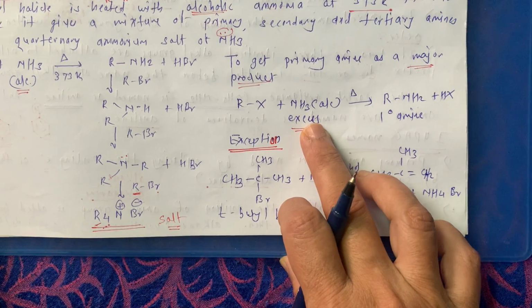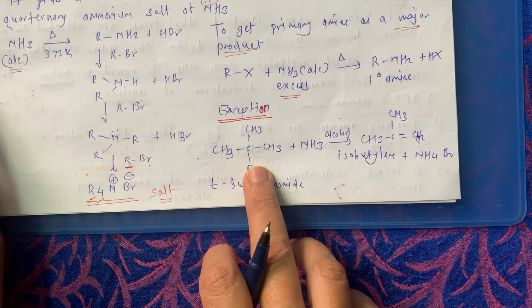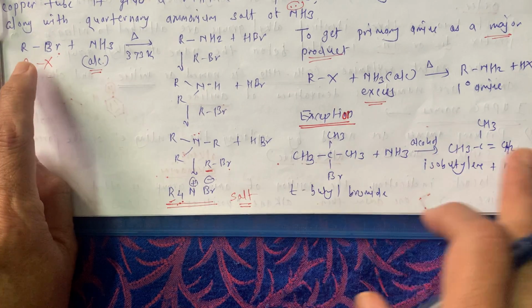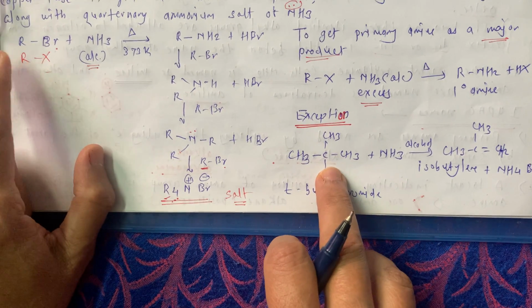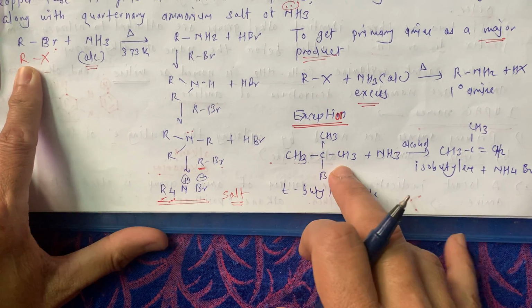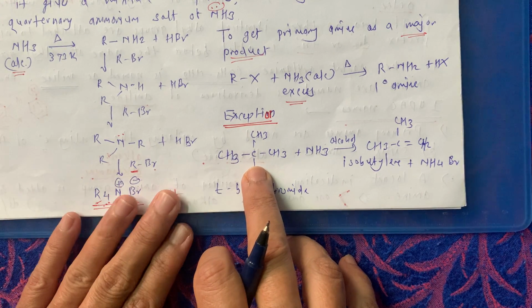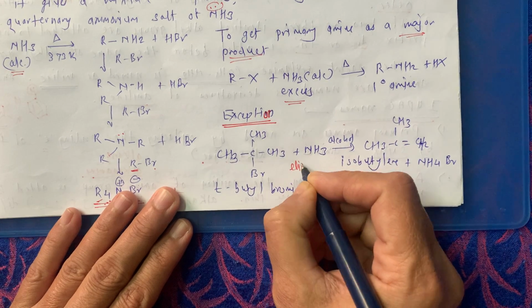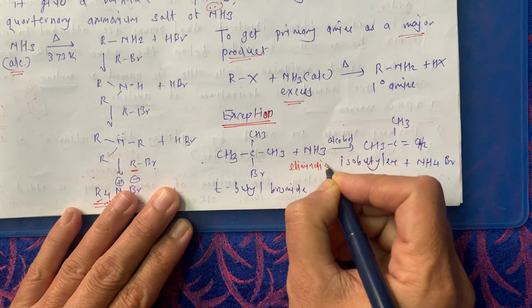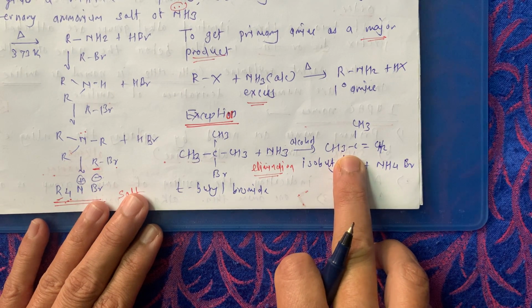Now one more exception is there. If you start with an alkyl halide RX that is a tertiary alkyl halide, then this is not a substitution reaction but an elimination reaction. This is important. During this elimination we get an alkene. What is eliminated?